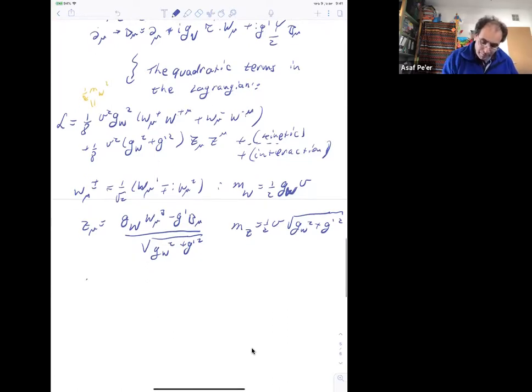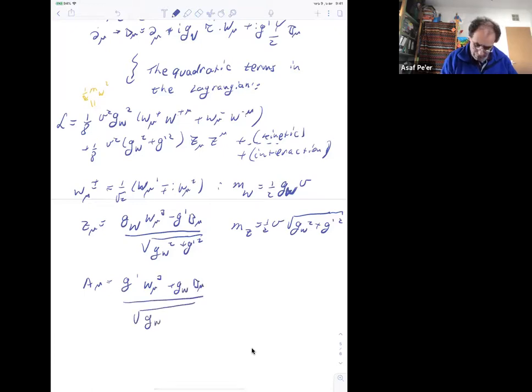And for the A mu, it is (g prime W mu 3 plus g weak B mu) divided by square root of g weak squared plus g prime squared. What is the mass?